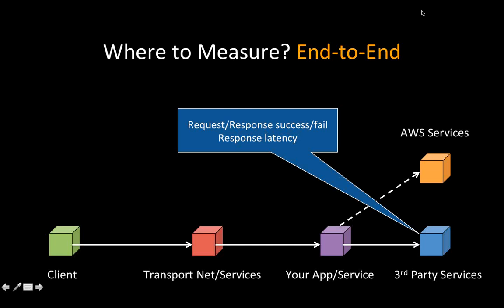They are typically black boxes, which means that you can't get into the services, but you can still monitor things. You can, for example, monitor the requests that you make to the service, the number of associated responses, how successful was the request response, were there failures when you tried to ask the service to do something, and what is the latency, what is the delay when you actually interact with this external service.